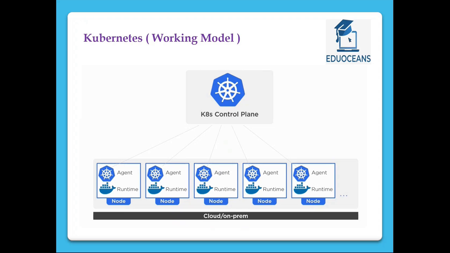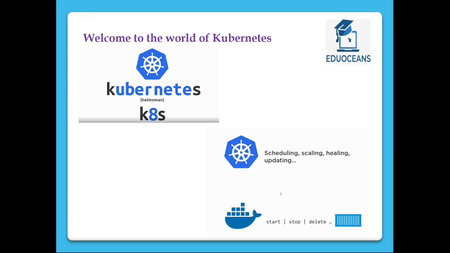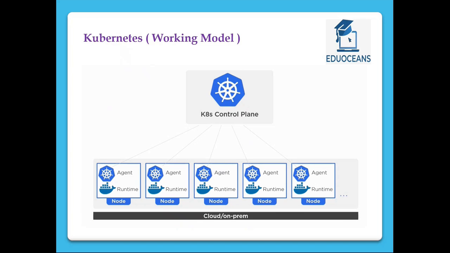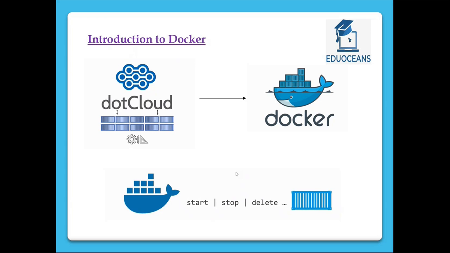So this Kubernetes is an open source project, till date being handled by Google, and you can also contribute to this. That is why it is called open source. There are plenty of people who have actually contributed to that. So like in Docker, we do have a container which is handling.